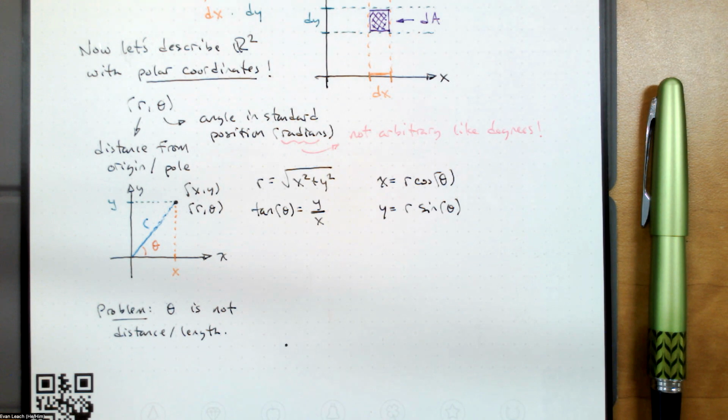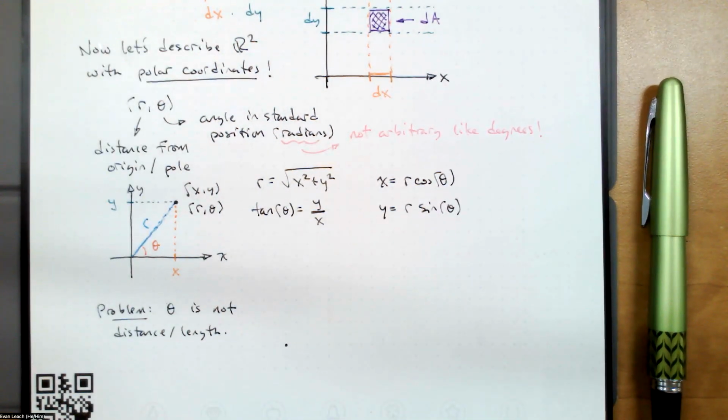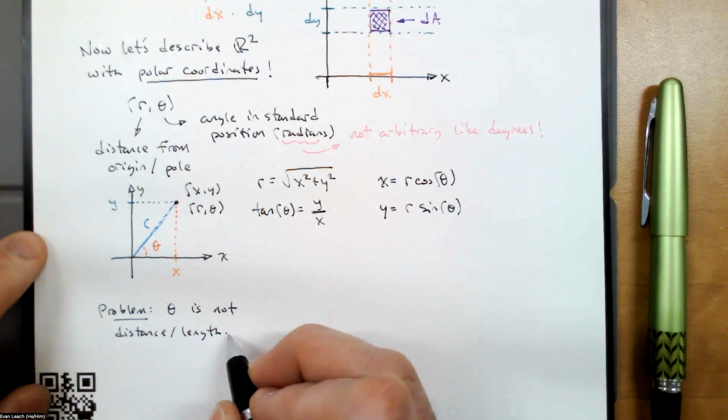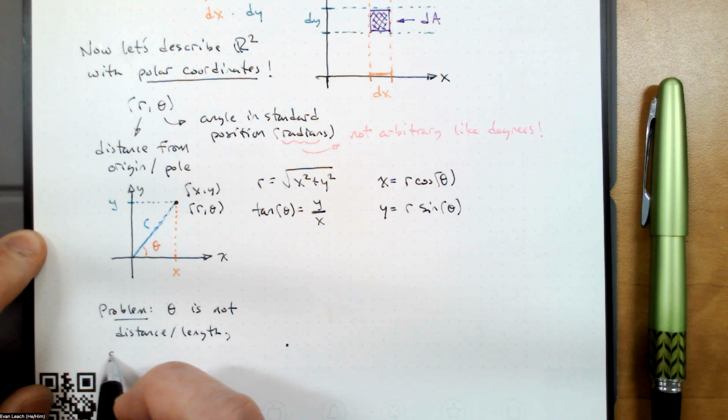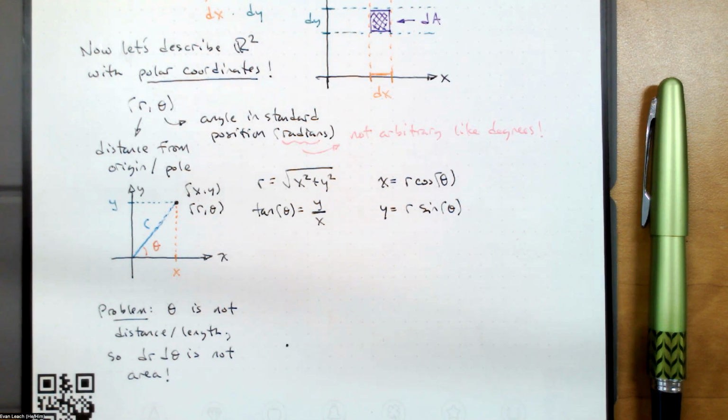So I can't just take d theta and stick it into an area. I need to make theta into a length. So the problem is theta is not distance or length, so dr d theta is not area. That's the issue that we run into.